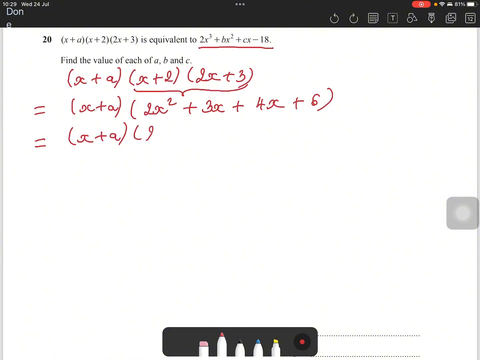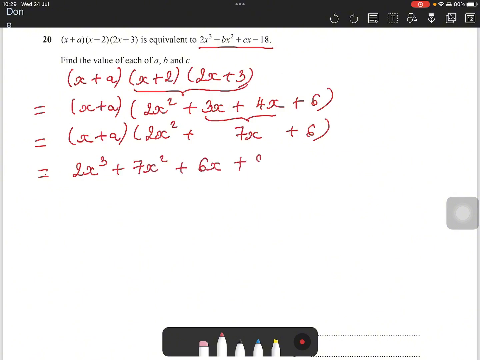Then we simplify this as 2x squared, 3x plus 4x is 7x, plus 6. Now we expand these two brackets: 2x cubed plus 7x squared plus 6x plus 2ax squared plus 7ax plus 6a.